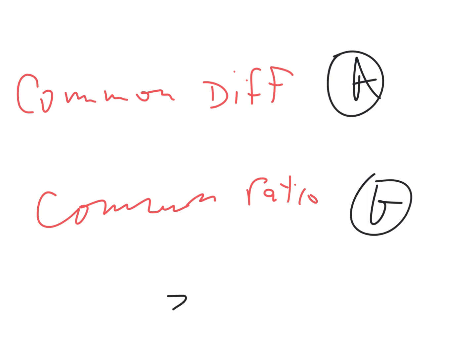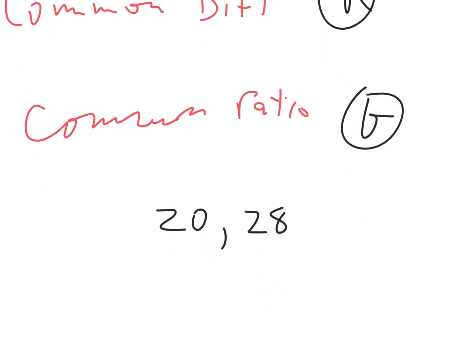But sometimes they just tell you, oh, by the way, I went from 20 to 28 and I didn't add 8. That's a common ratio. It's hard for kids to figure out which way to divide it. So here's how you divide it. Since I didn't just add 8, you must have done 28 divided by 20. That's what you multiplied by.